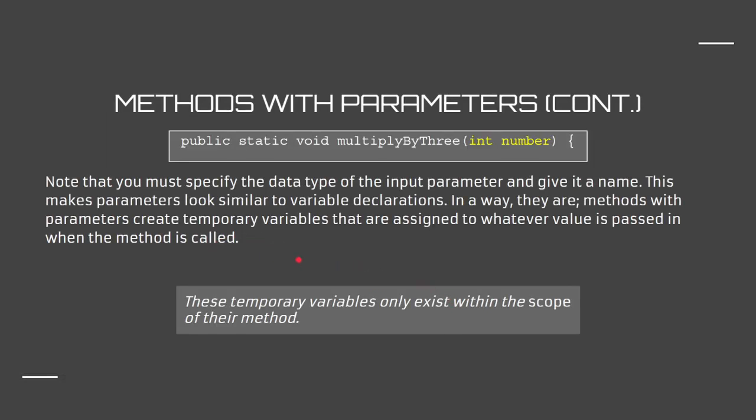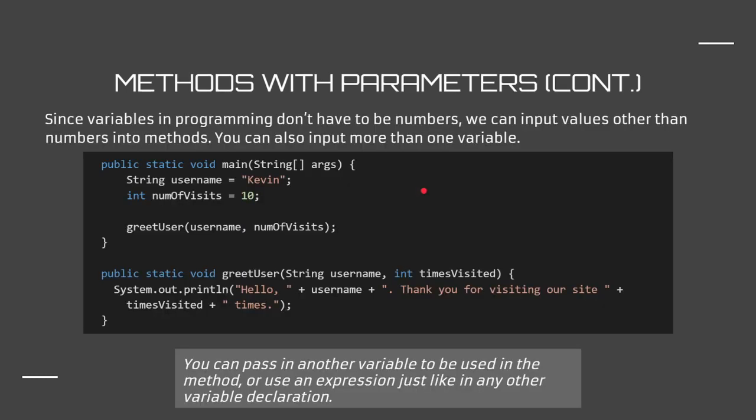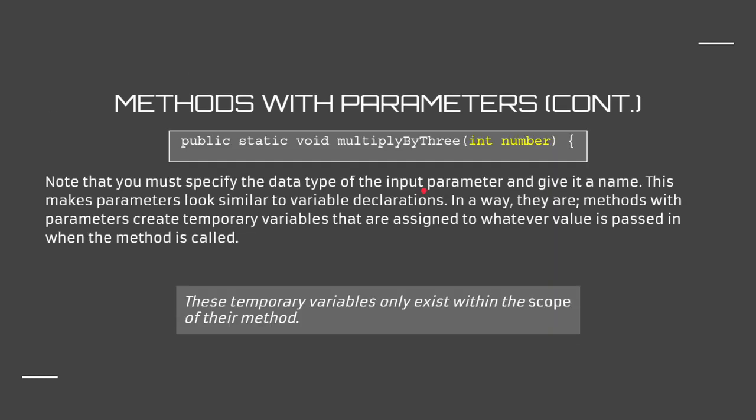These temporary variables only exist within the scope of their method. So again, we're talking about this idea of a scope. If you try to use number outside of this method, it's not going to work because number only exists within its scope. That's why we couldn't use num of cookies in the other method, because we created it in main. It only existed within the scope of main.